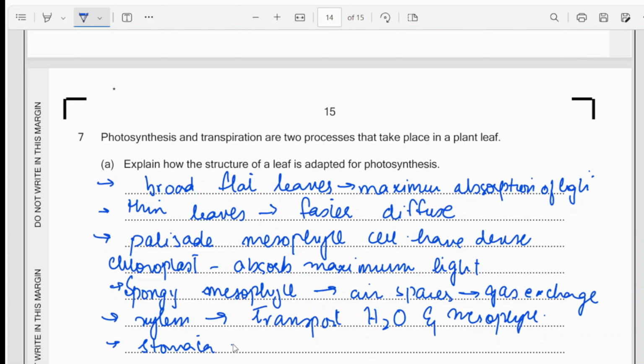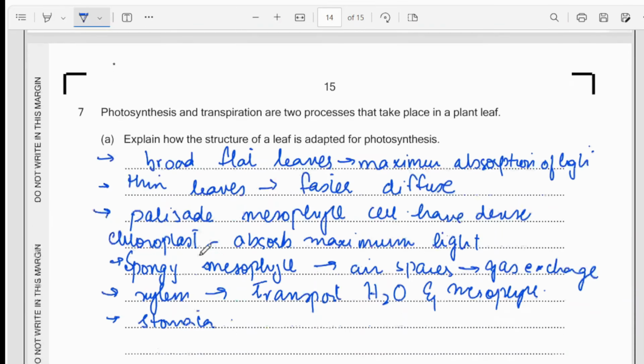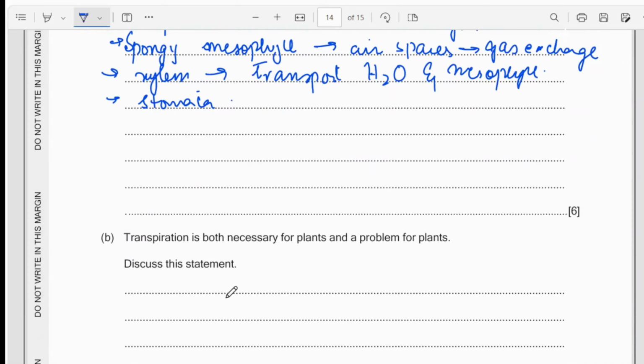And the xylem helps in the transportation of water and mineral ions. And in the last layer, there are guard cells, and the opening of guard cells allows the gaseous exchange as well as the transpiration. Okay, and if you talk about the overall structure of leaves, they are flat, they are broad so that maximum light can be absorbed, and thin leaves are there so that there would be quick diffusion.